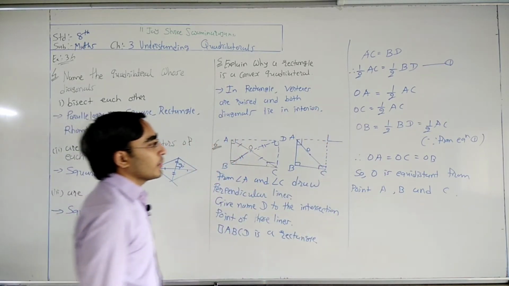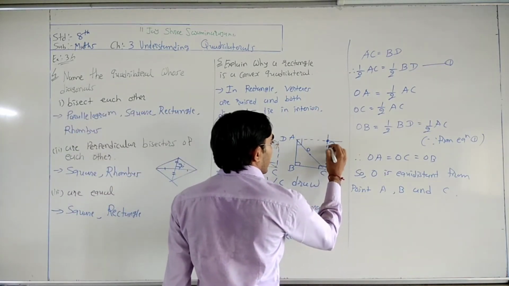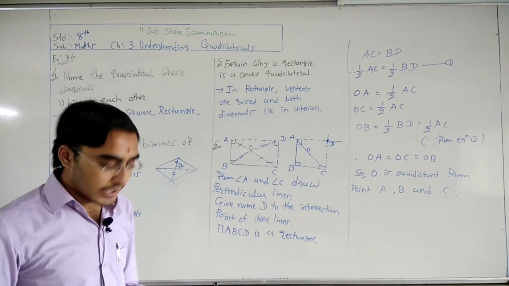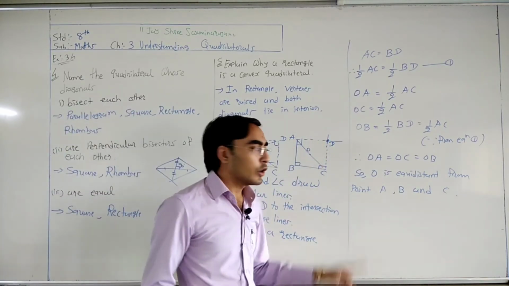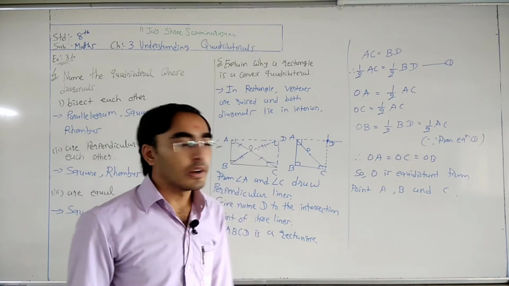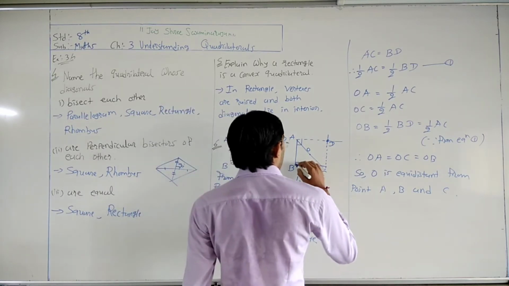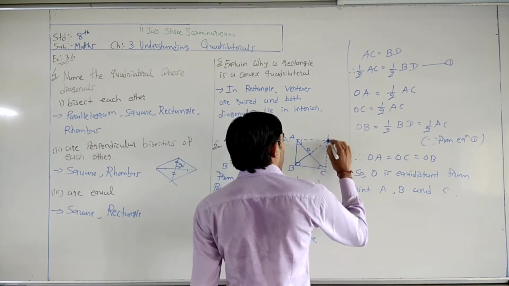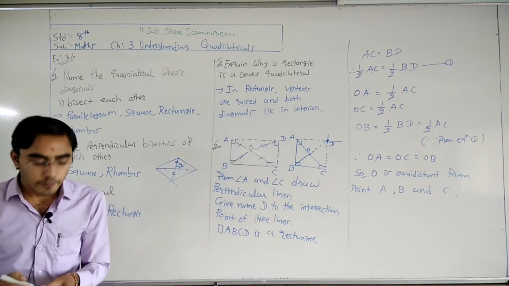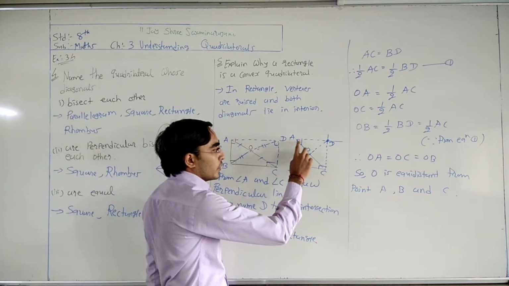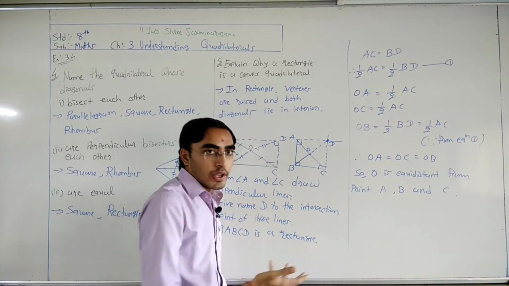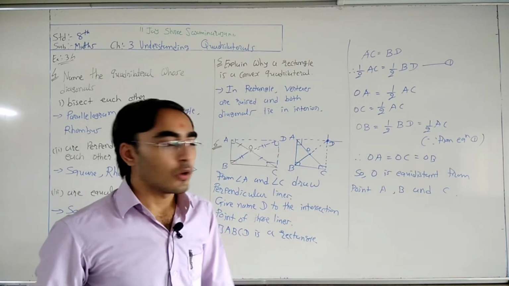Now the intersection point of these two lines, we give the name D. Now join B to A. After that, O to D. So this part is given to you. This we draw here.